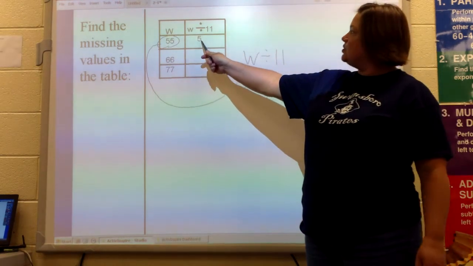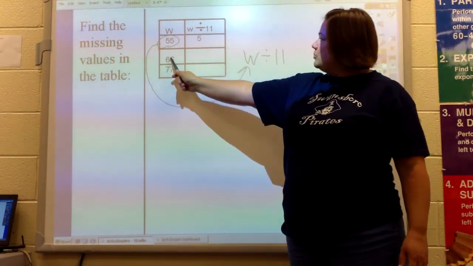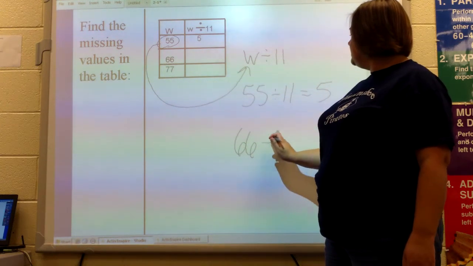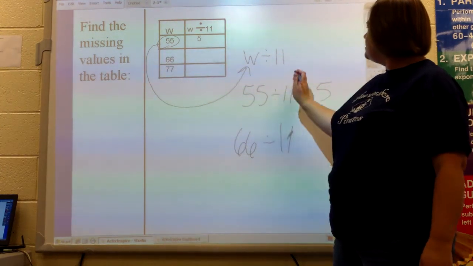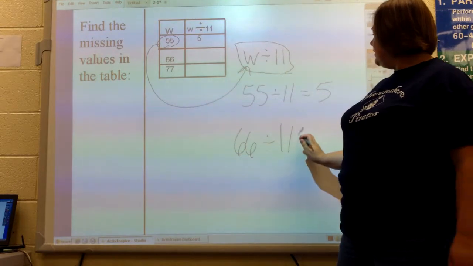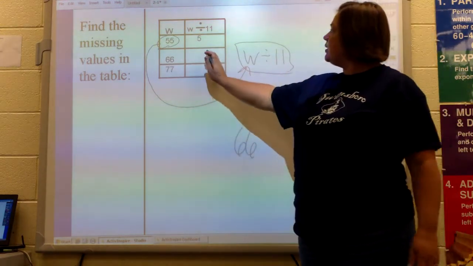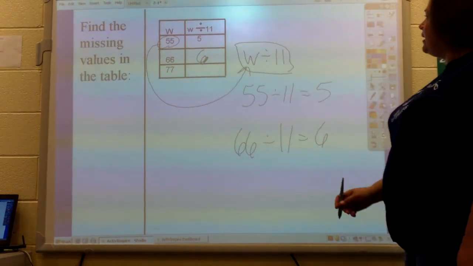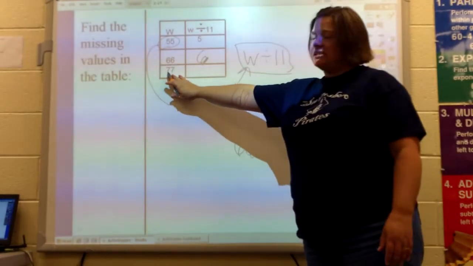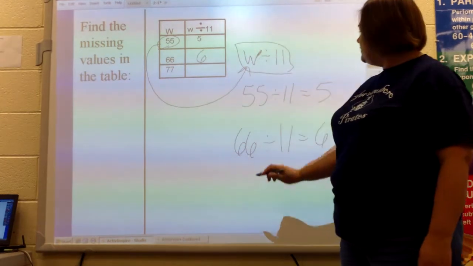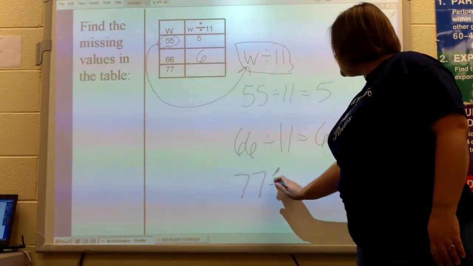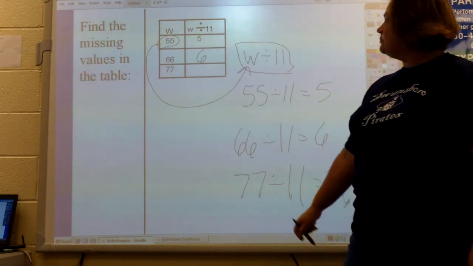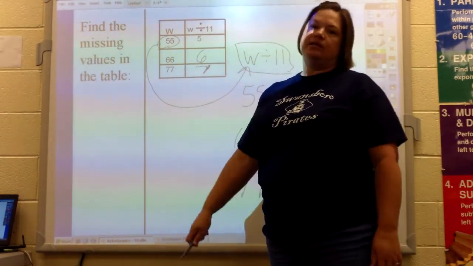So now I have my answer here, 5. If I were to put 66 in the place of w, I would have 66 divided by 11, that's my original problem, and that would equal 6. So I would have 6 in that box. If I'm plugging in 77 in the place of w, I would have 77 divided by 11, which equals 7. So I would put 7 in the box.